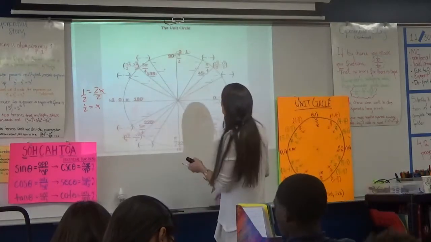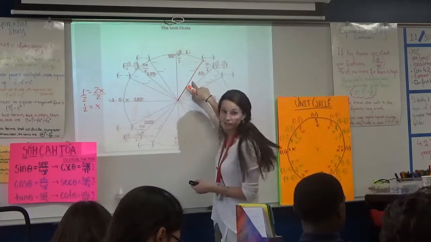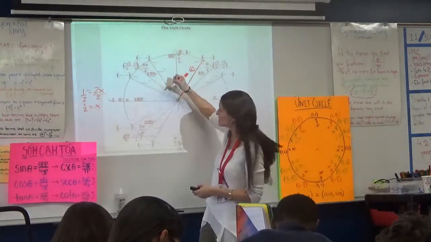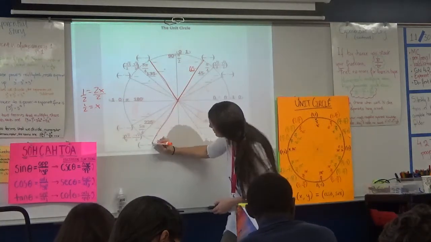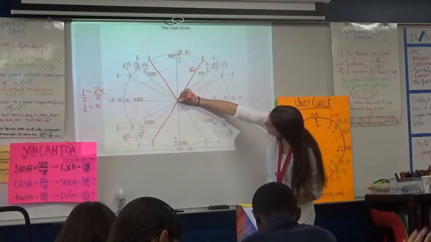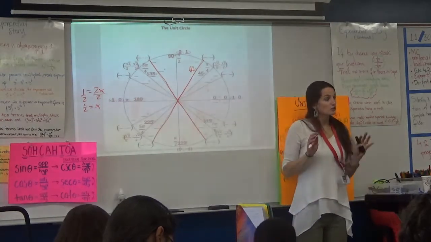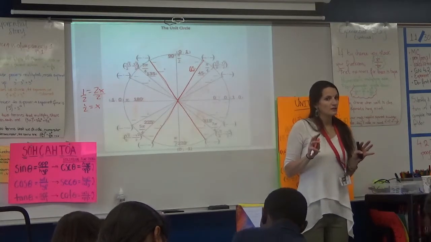Right now, let's go ahead and fill out, like I said, this is 60 degrees. If I reflect it into the second quadrant, it's going to be this one. Into the third, if I reflect it down, it'll be right there. And if I flop it over to the fourth, it'll be right there. So make sure you're writing it on the right lines as we go so that you're not confused later.